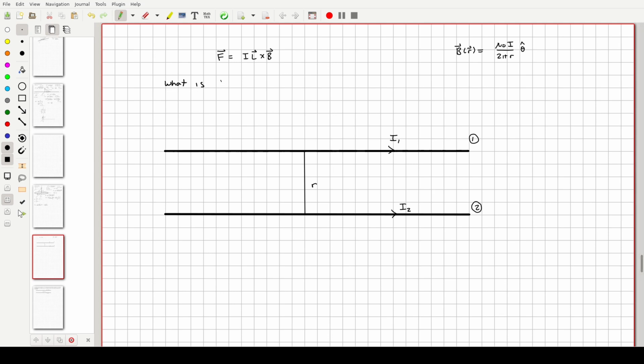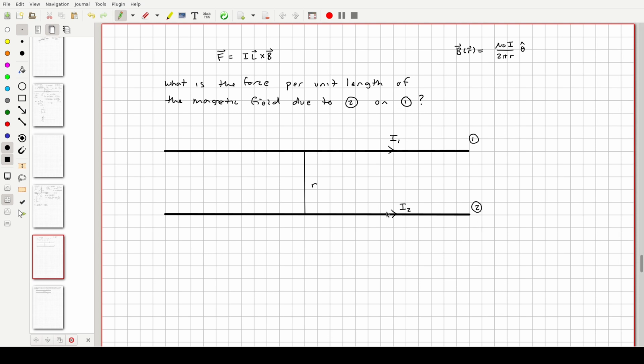What is the force per unit length of the magnetic field, due to 1, or do 2 rather, on 1.